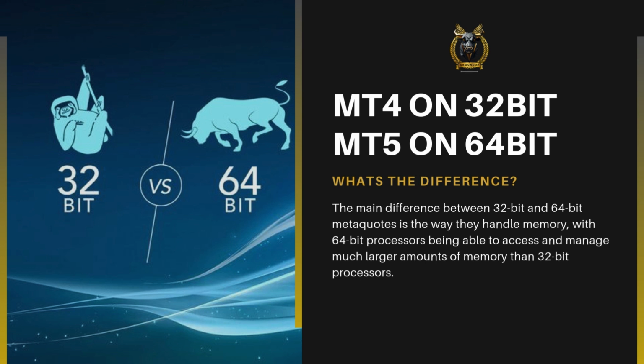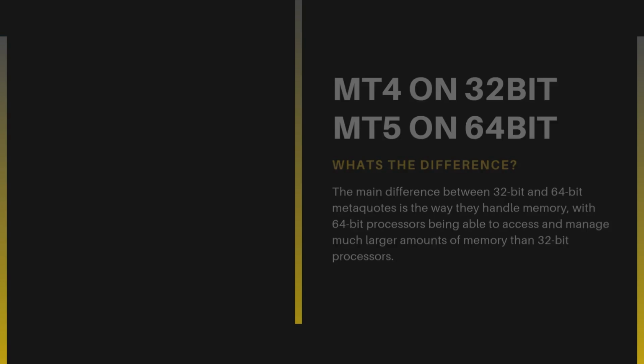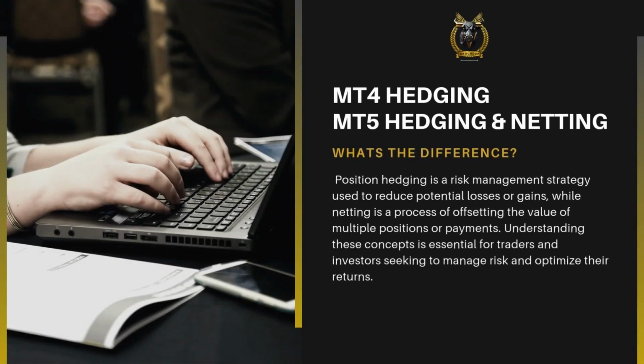So they saw that rather than translating MetaTrader 4 into 64-bit, they'd rather just build MetaTrader 5 on 64-bit so that all the updates are going to come within it. So it's unlikely for us to see a MetaTrader 6 unless it's going to be built on a higher bit rate, which technically we don't really have. But we might see. We don't know what the future holds for us. So yeah, guys, now let us move into the next slide.